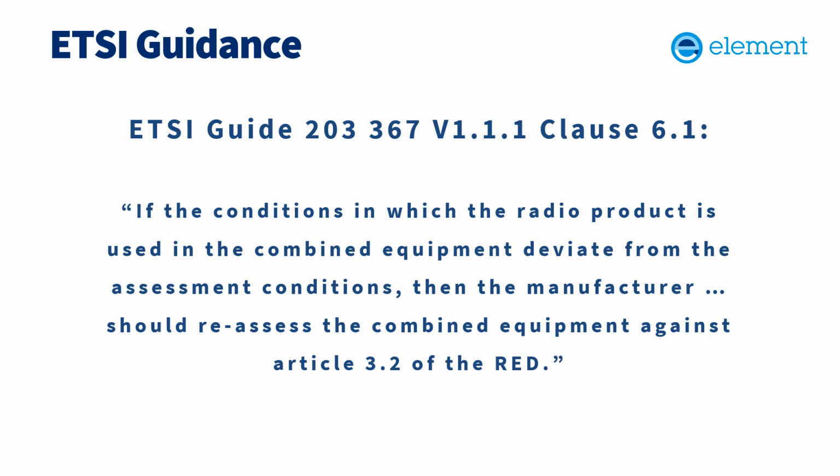If the conditions in which the radio product is used in the combined equipment deviate from the assessment conditions, then the manufacturer should reassess the combined equipment against Article 3.2 of the RED. And this is really trying to help the final equipment manufacturer understand what they need to do. They've bought a radio module and just integrated it into their host equipment.